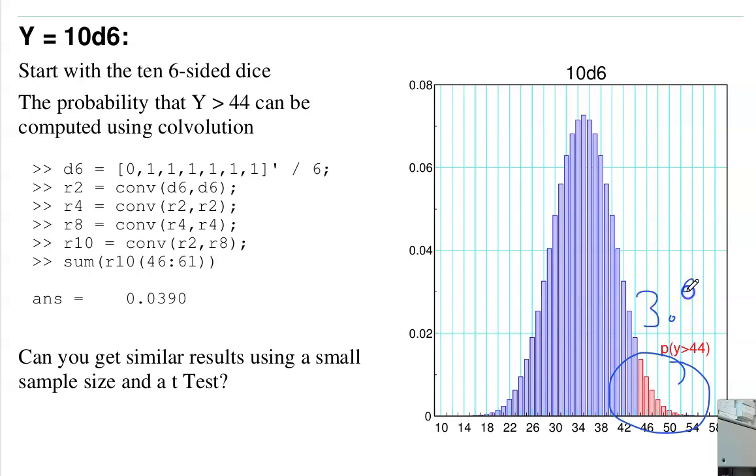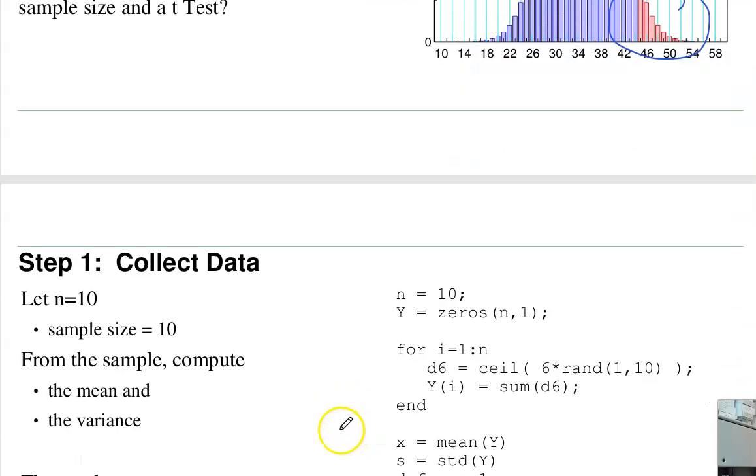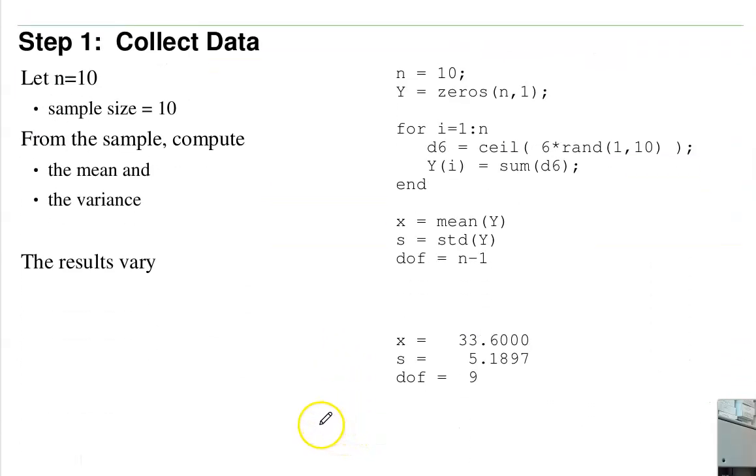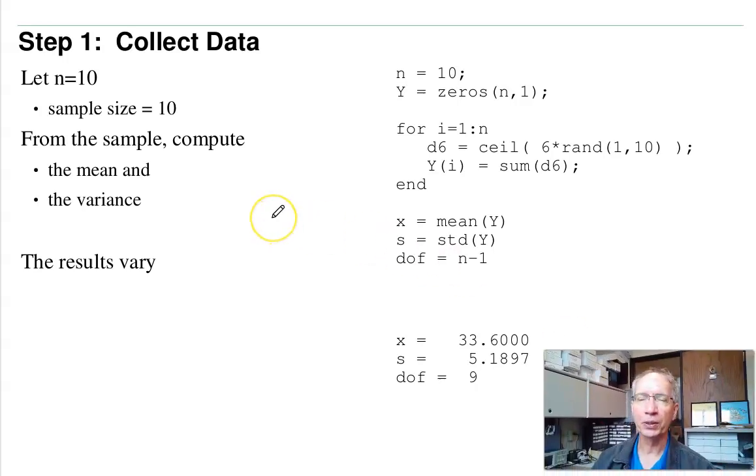Can I get the same answer using a t-test? Well, the first thing you need is to collect data. So what I'm going to do is pick a number like 10, roll the dice 10 times. The bigger the number, the better the results. But again, if this is industry, each time you collect data that costs money, so pick a reasonable number.